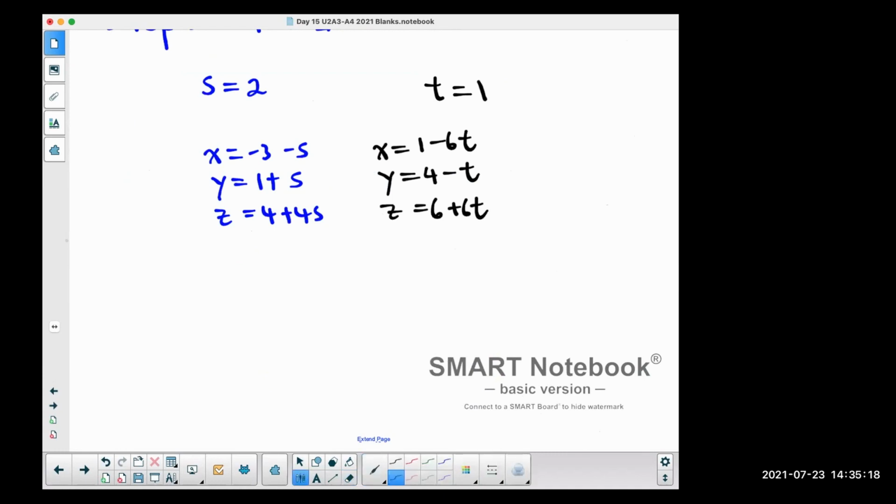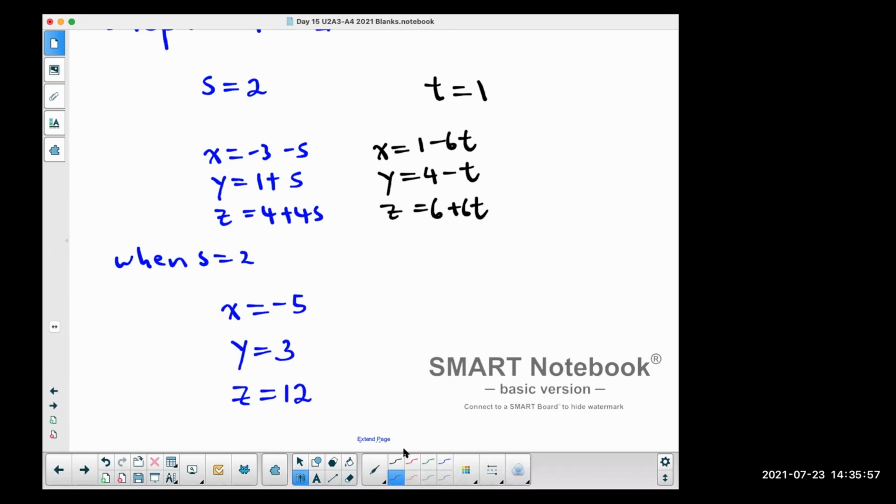So when s equals 2, x is equal to negative 5, y is equal to 1 plus 2, which is 3, z is equal to 4 plus 4 times 2, that's going to be 12. So after 2 seconds, the first line is at negative 5, 3, and 12.